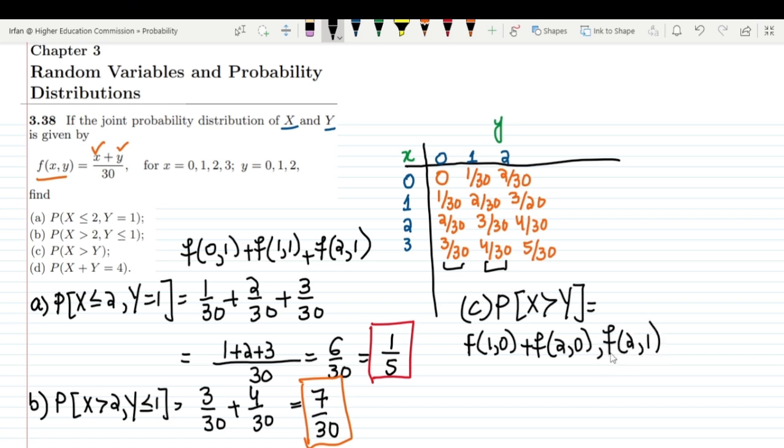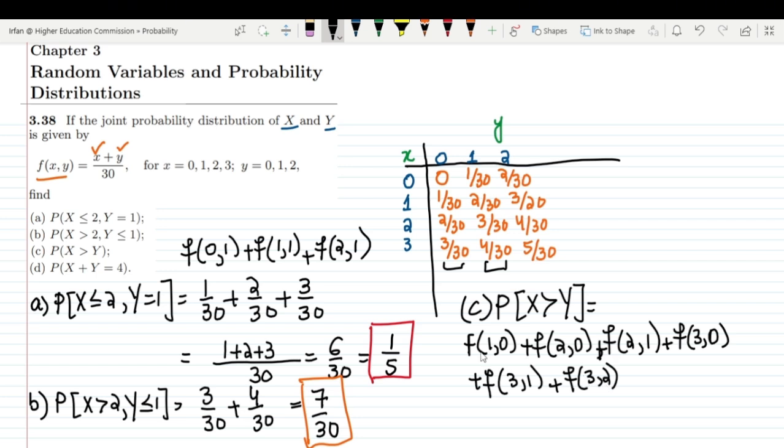This is again the condition where x is greater than y. Similarly the other ones are f(3, 0) plus f(3, 1) plus f(3, 2).